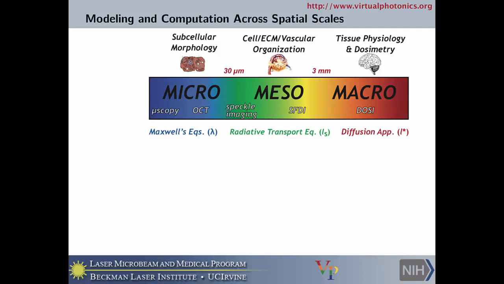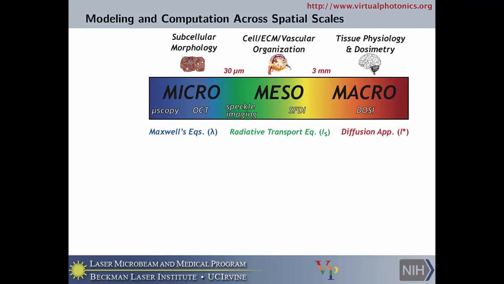As we look at tissue volumes that are larger, and you start to zoom out and not look at, say, just cellular or subcellular structures, but you're interested in looking at cell organization, cell extracellular matrix interactions, how tissues are formed, which is really a composite of vasculature with extracellular matrix and cells, we start to increase the spatial scales of our interrogation.